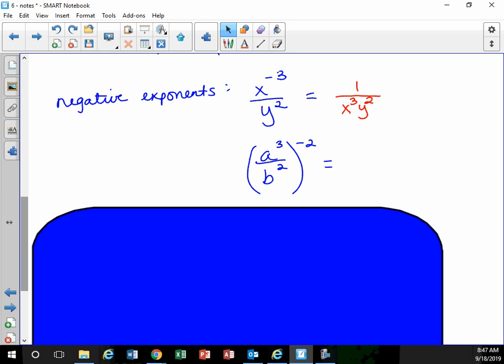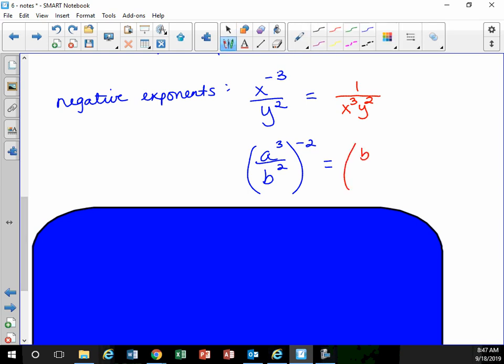If I have a whole fraction raised to a negative exponent, I'm going to show it in 2 steps. You can certainly do this in 1 step. The negative exponent, that means everything's getting flipped, right?